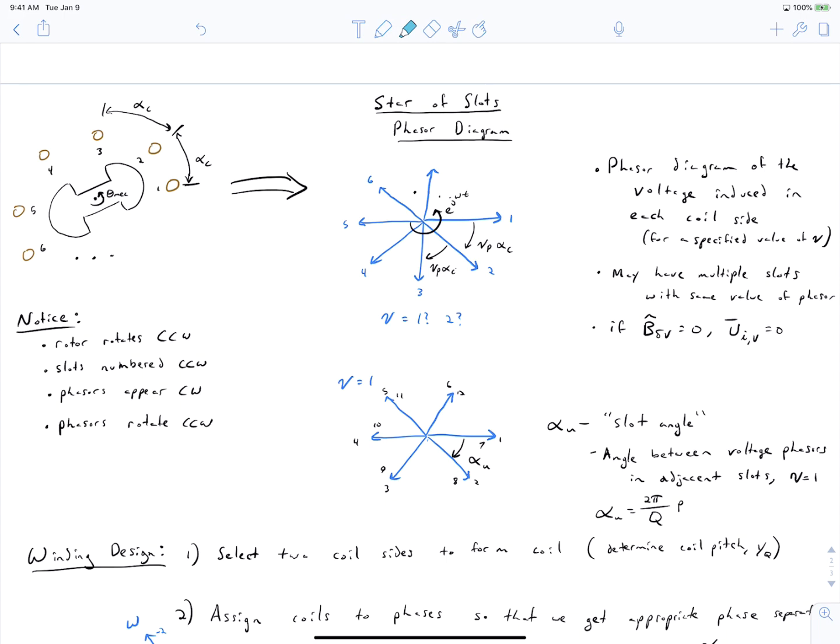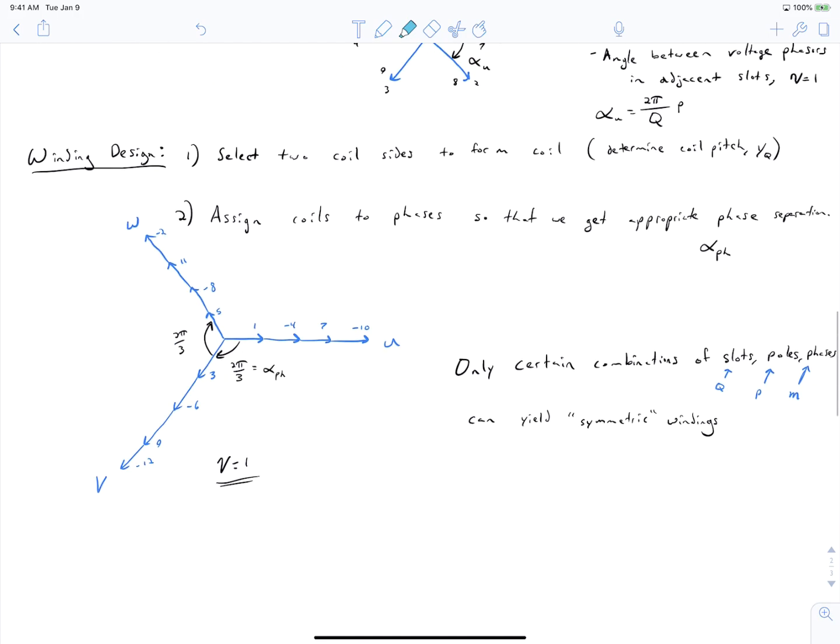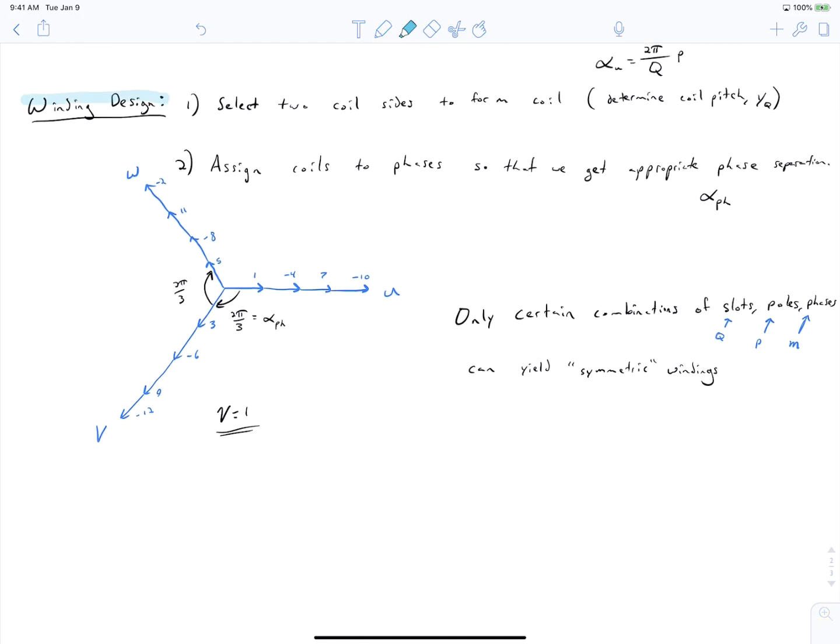And we've done this to construct the star of slots phasor diagram, which we've commented is going to be a useful tool in laying out windings in our class. And then we had some brief comments on the overall larger picture of winding layouts.